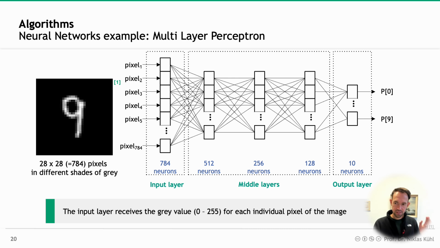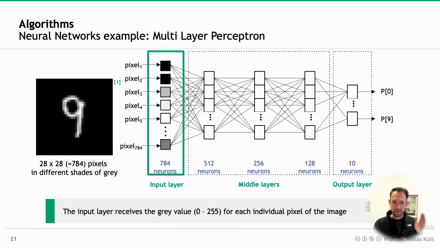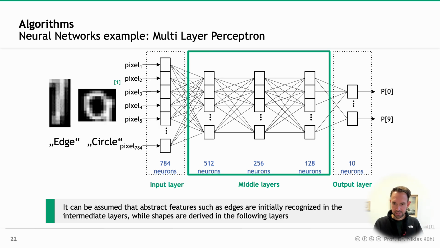So the input layer receives a gray value between 0 and 255 for each individual pixel of the image. And now what happens next is that this information is now passed on, so these different gray values, into all of these middle layers that are connected.